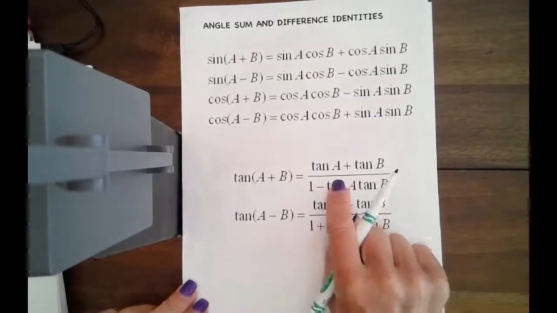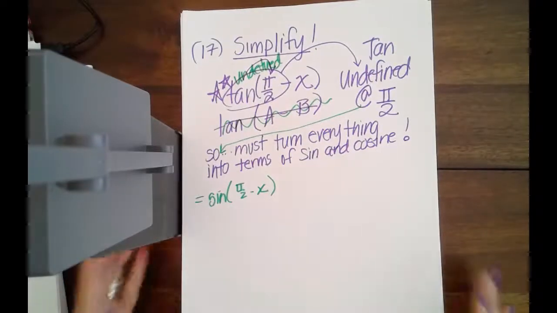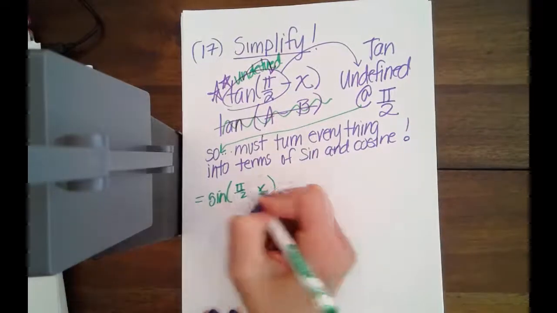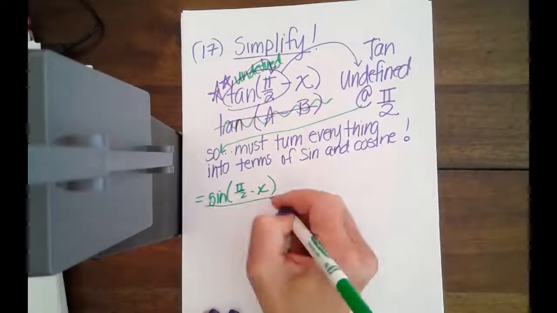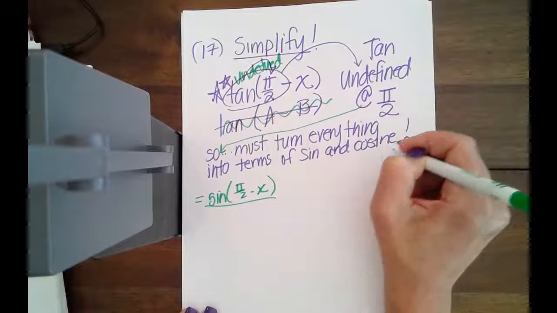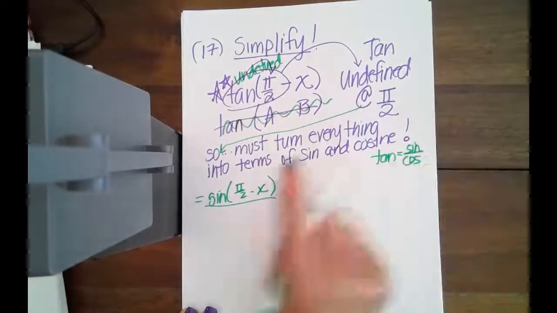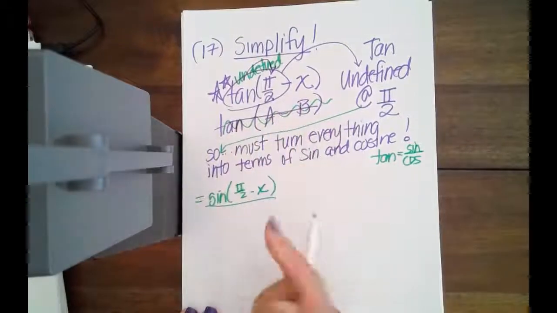If we put tangent of pi over 2 there, it's undefined, and you can't use that in your simplification. Because tangent is sine over cosine, we're just restructuring the problem using sine over cosine.